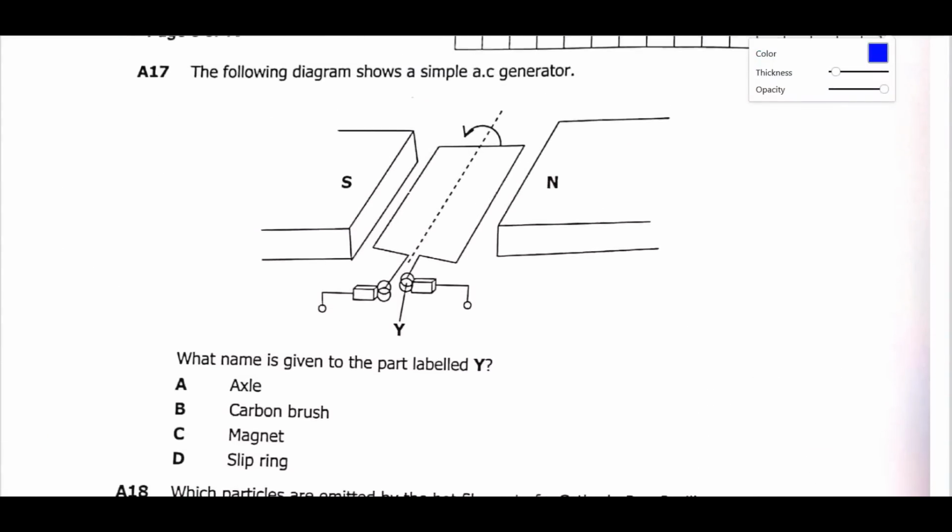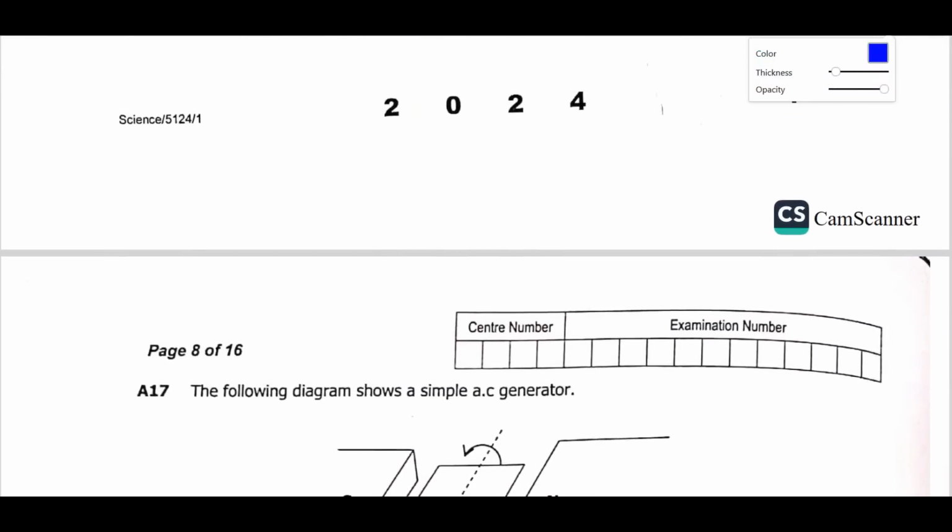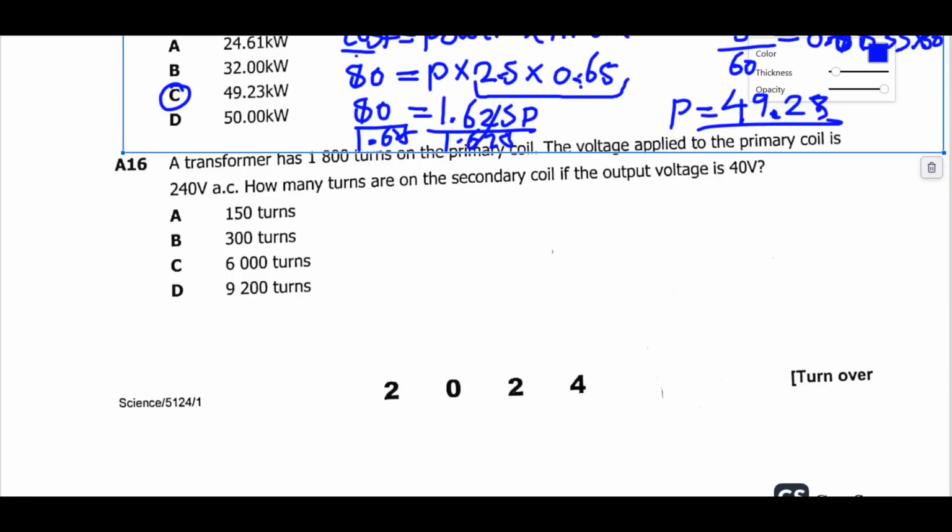So we move on to question number 16. A transformer has 1800 turns on the primary coil. The voltage applied to the primary coil is 240 volts. How many turns are on the secondary coil? The input is 240, and the output is 40.